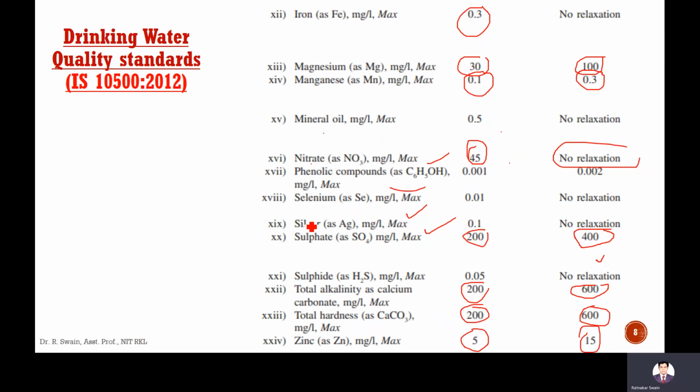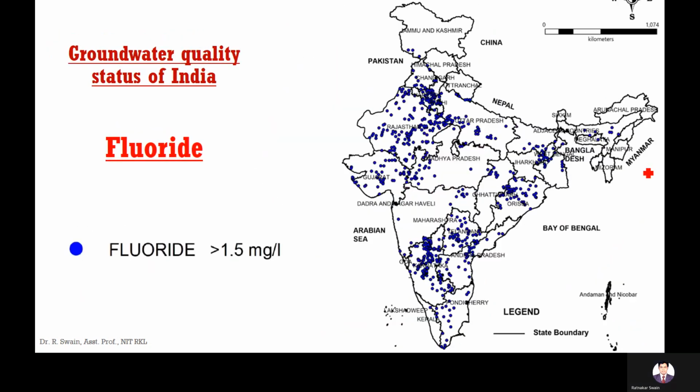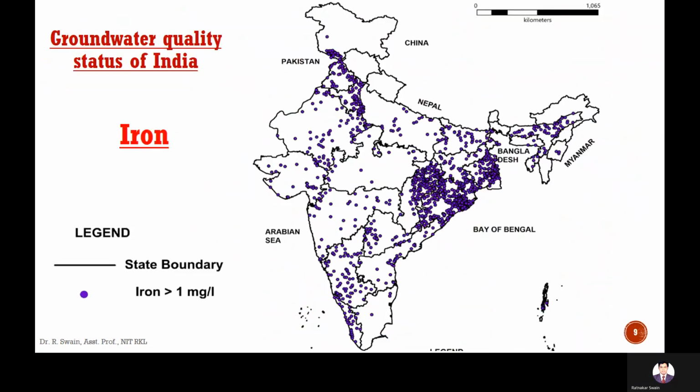Okay, so let's come to the map. This is, as per CGWB, Central Ground Water Board report, the iron content of different parts of India.